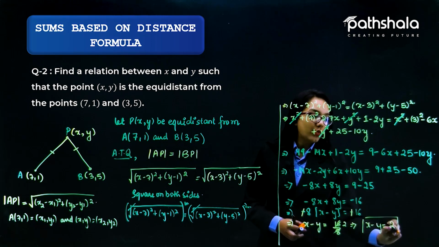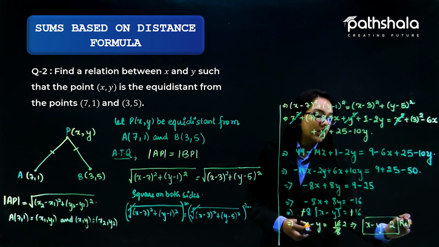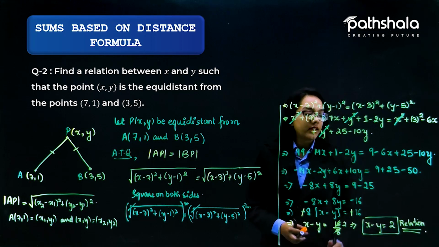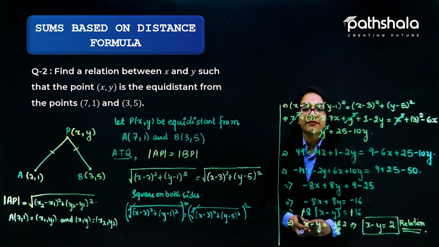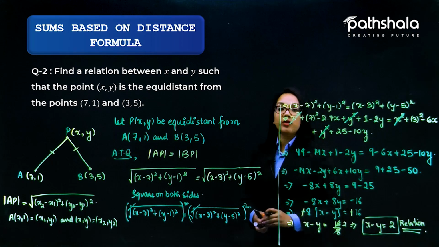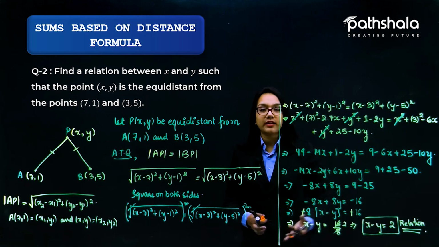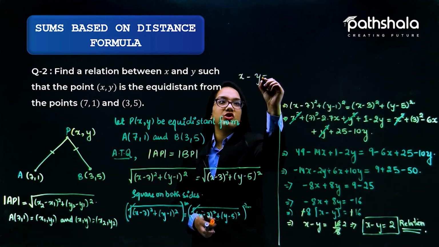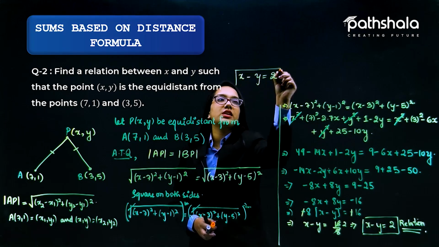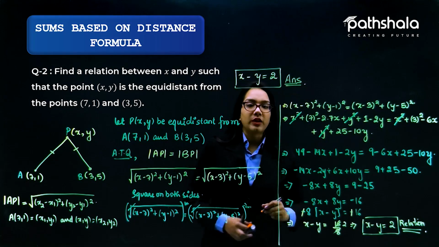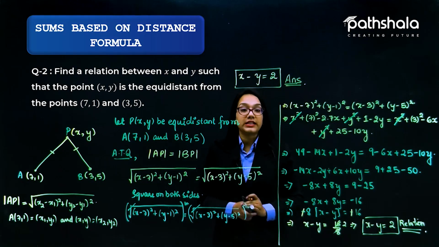At the end, we get the relationship between x and y: x minus y is equal to 2, because the question asks for the relation between x and y. So this is the answer for this question using the distance formula.